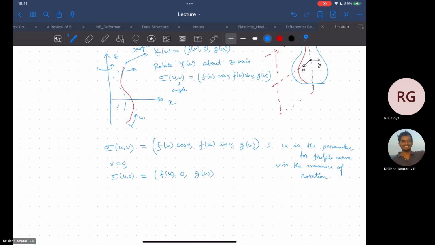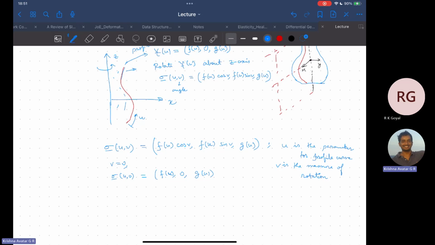So that is the reason that f of u are just some functions. So in the case of a surface of revolution, we only need to define one profile curve. Once we have the profile curve, then we can create the whole surface. And I believe this is how in manufacturing, any surface of revolution you want to create, we just have to prescribe this profile curve, and it will generate based on that.